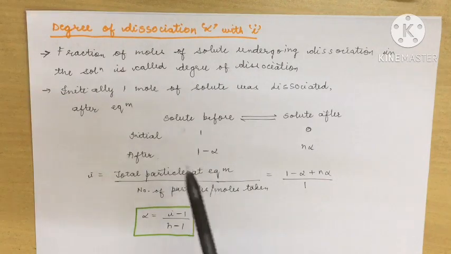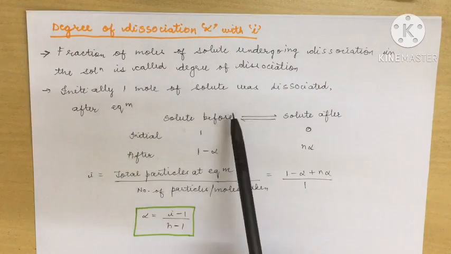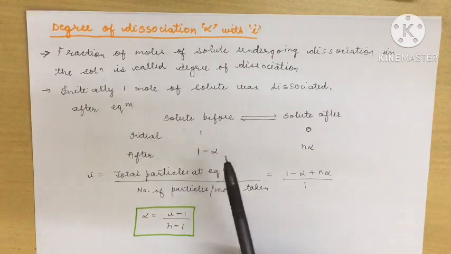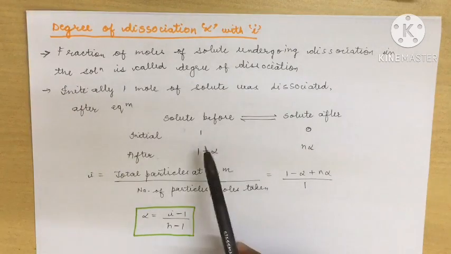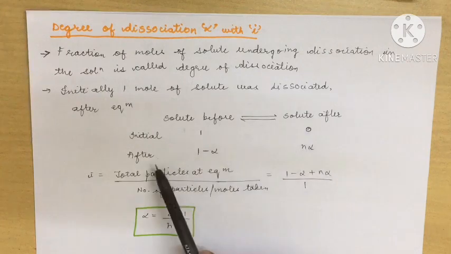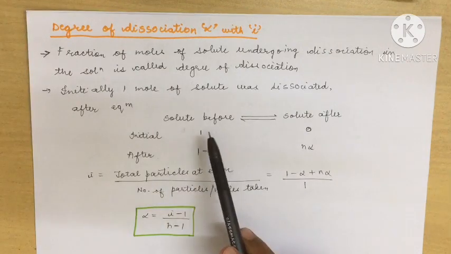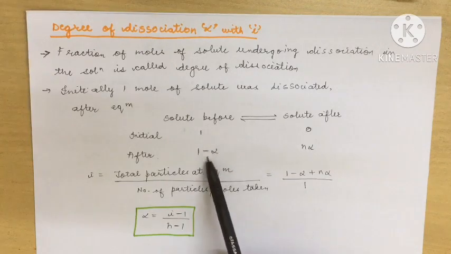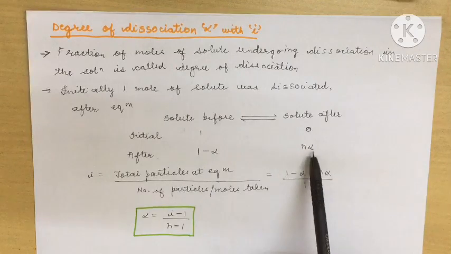Now suppose we take how to derive it. So there is one derivation. Initially you take 1 mole of a solute which was not dissociated earlier, but afterwards it was dissociated. So initially before the solute was dissociated it was just 1 mole, and the concentration of the dissociated products was 0. But after some time, alpha part of this solute will be removed and this alpha part will dissociate into n parts.